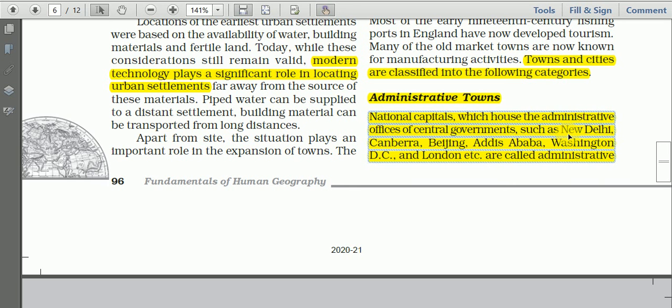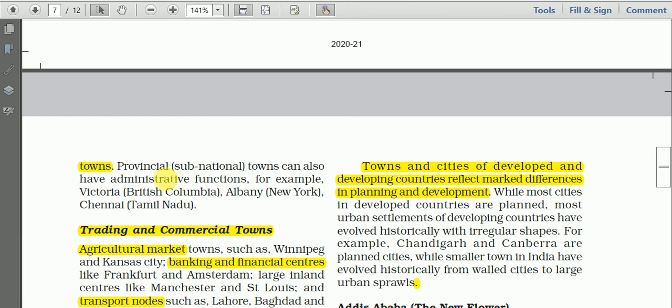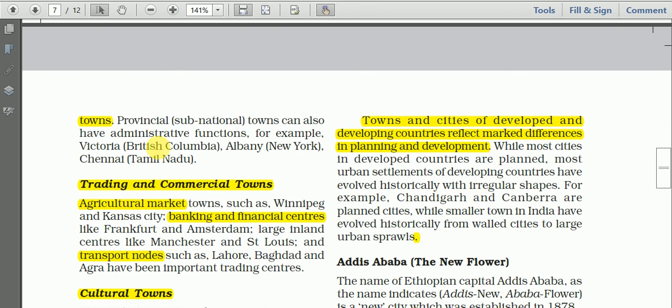Examples: New Delhi, then Canberra, that is the capital of Australia, then Beijing, China, Addis Ababa, Ethiopia, then Washington DC, USA, and London. So these are examples of administrative towns. And not only national capitals, state capitals are also known as administrative towns.